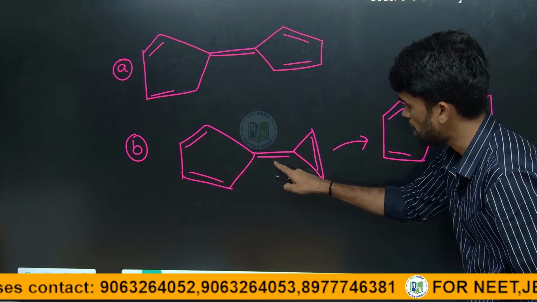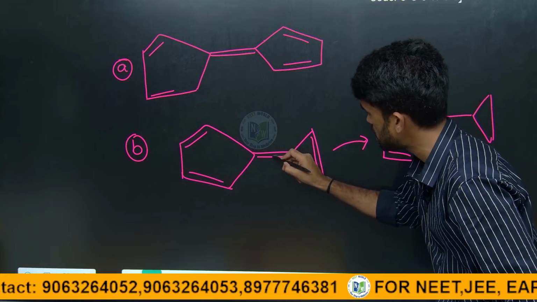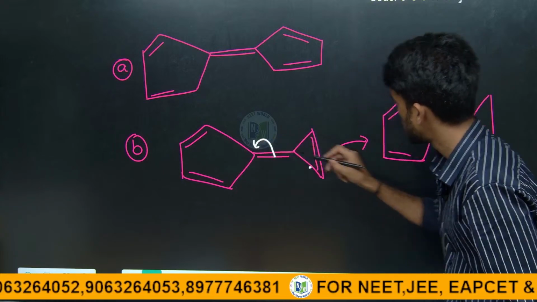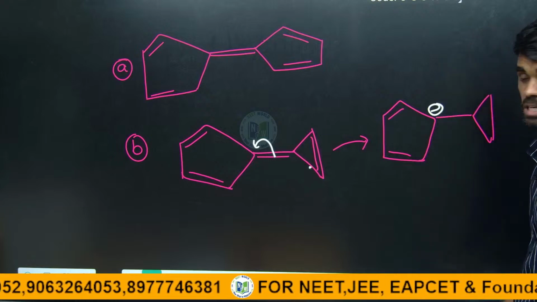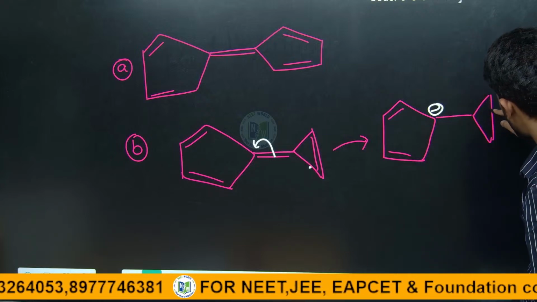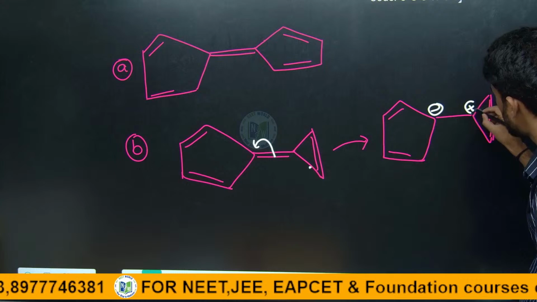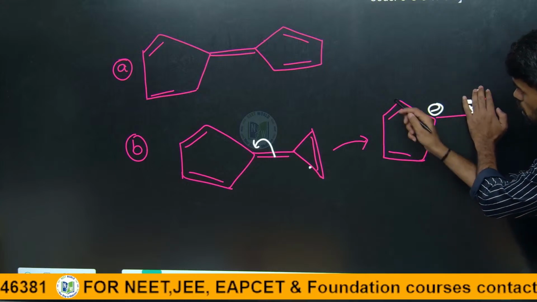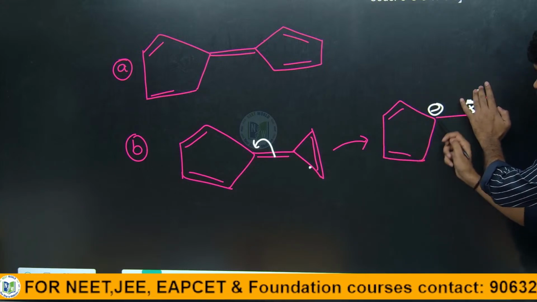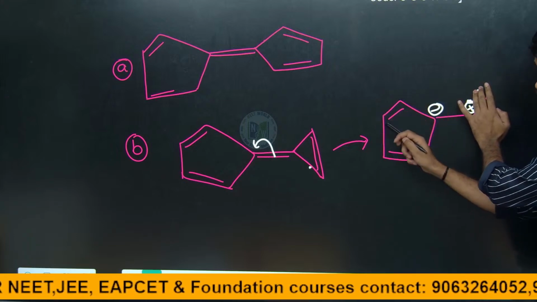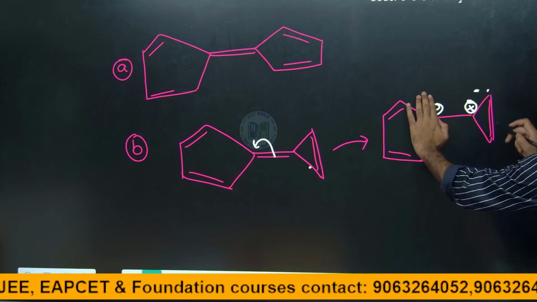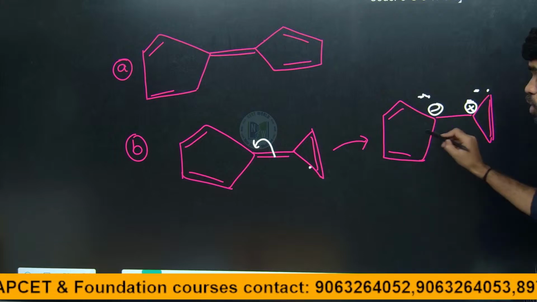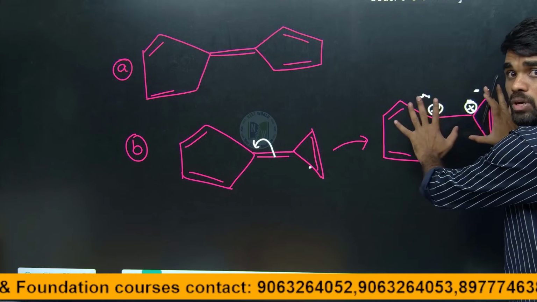See, if I shift this double bond to this side, this will have a negative charge, and here it will have a positive charge, right? If you consider this molecule, this carbanion, the cyclic pentadienyl anion, will be aromatic, we know, and this one is also aromatic. So both rings are aromatic, therefore the compound is stable in this format.